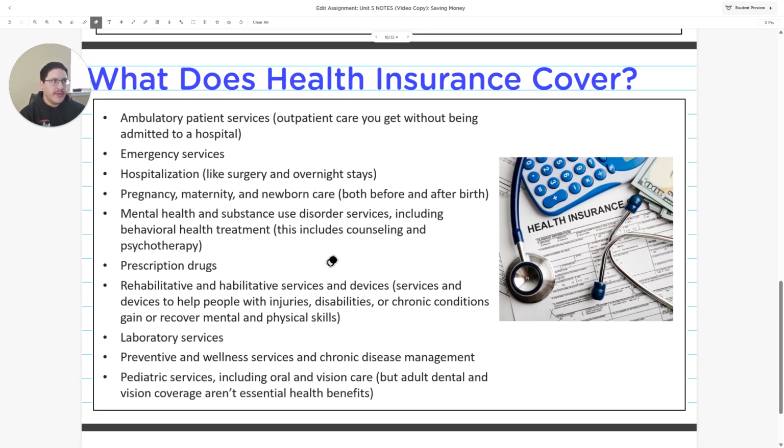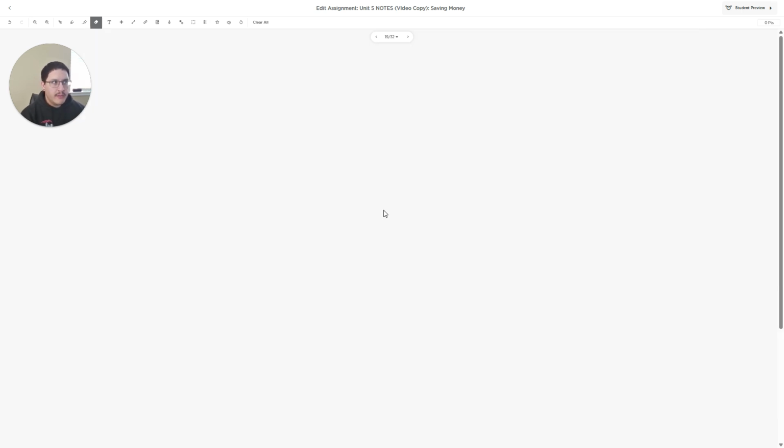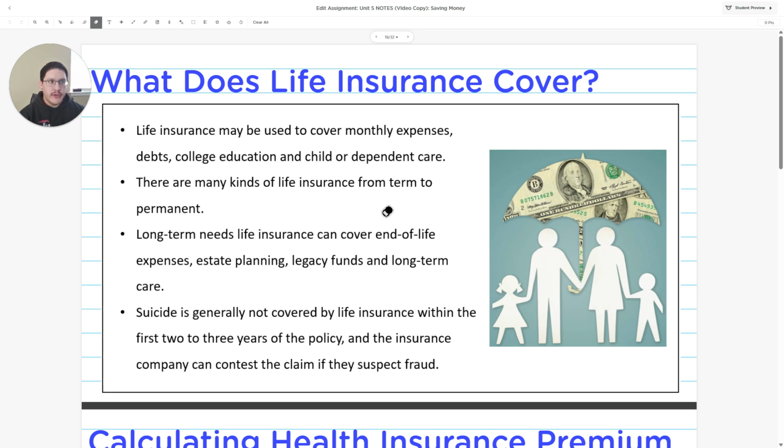So those are some of the things that health insurance covers. They may include more depending on your policy, but that's what general health insurance covers.